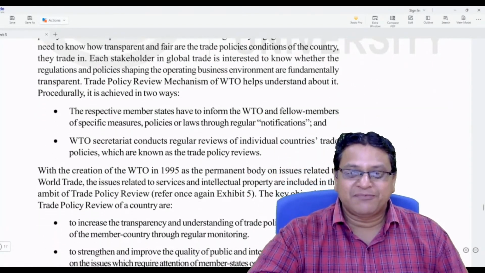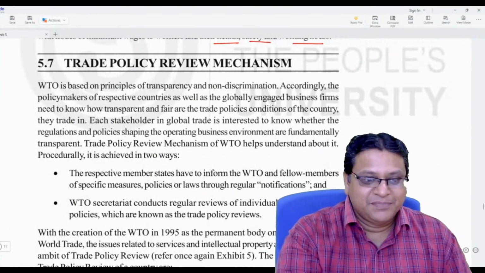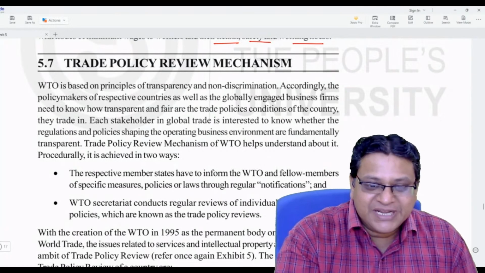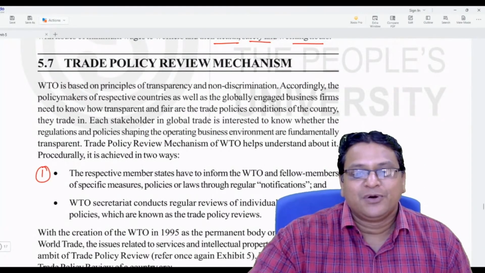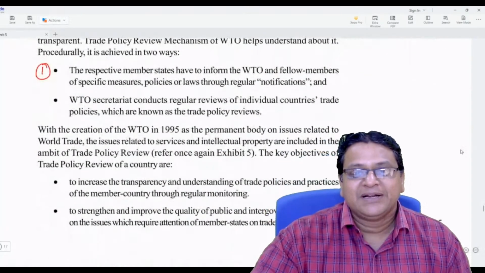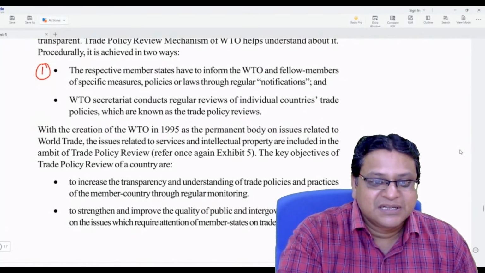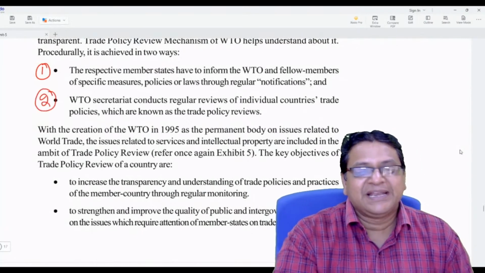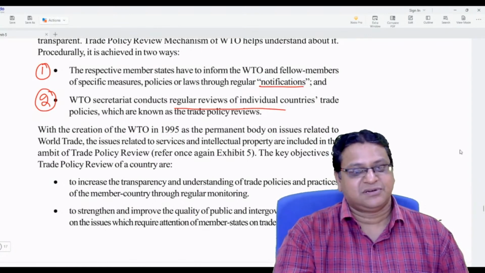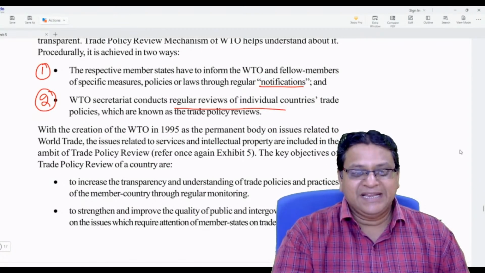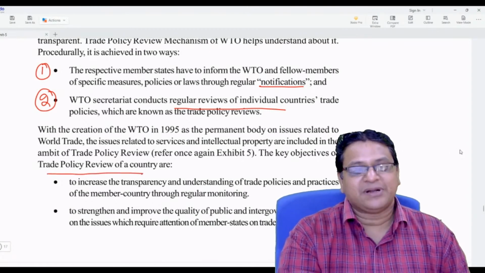The main motive of reviewing trade policy is to check whether the member countries are following the rules and regulations framed under WTO through notification, and whether the countries make regular review of their rules and regulations. So trade policy review is made for a country.